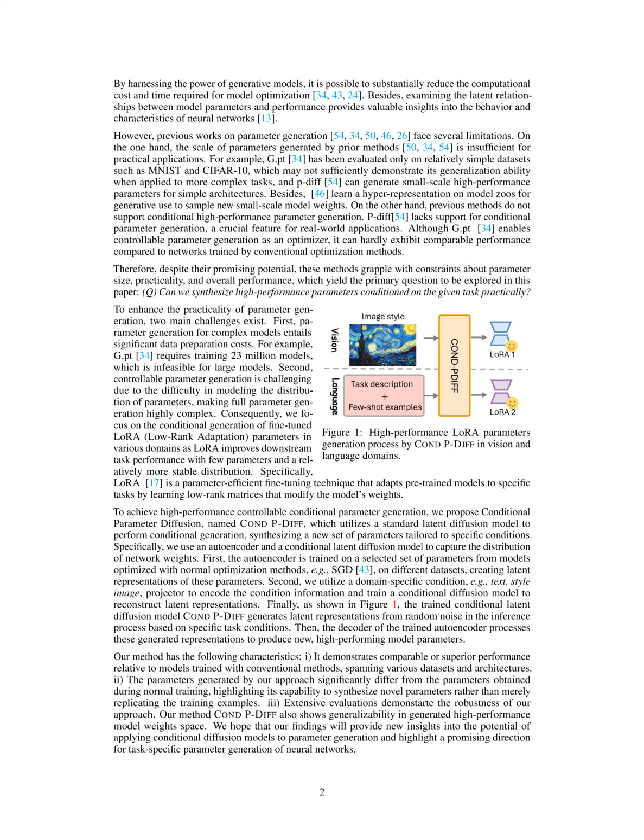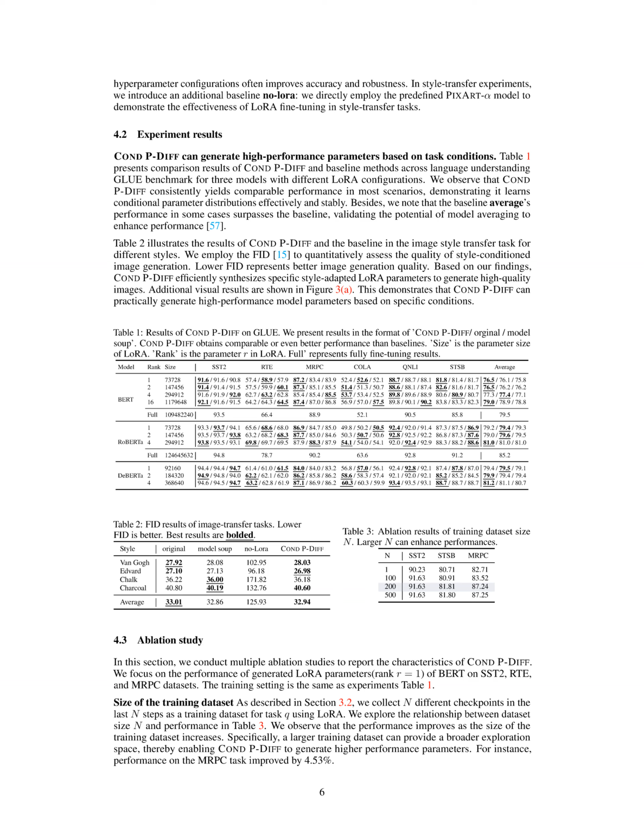COND P-DIFF demonstrated the ability to generate high-performance parameters tailored to specific task conditions, achieving comparable or superior performance relative to models trained with conventional methods across various datasets and architectures. In the NLP experiments, COND P-DIFF consistently yielded comparable performance to baseline methods on the GLUE benchmark, indicating effective learning of conditional parameter distributions.